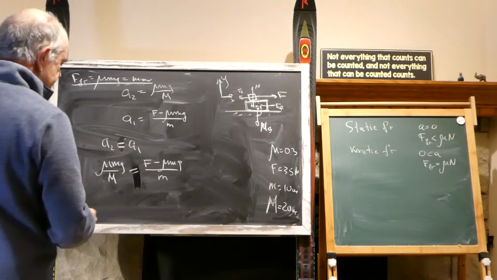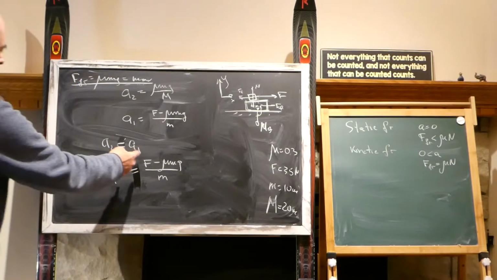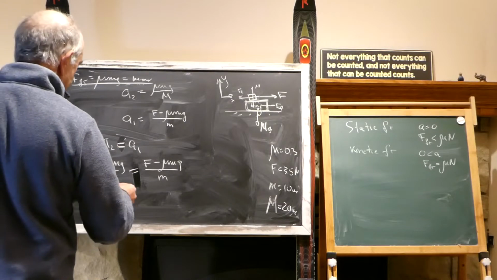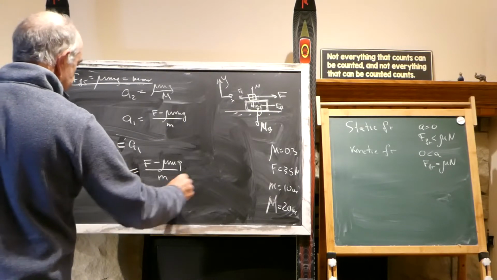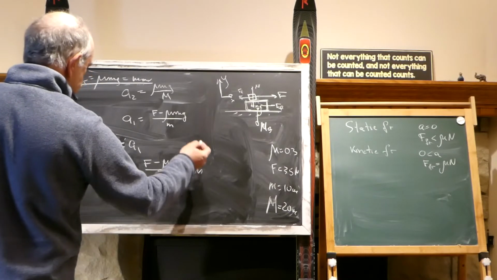So those are the same. And let's find f from here, for example. Let's multiply this by m and multiply this by m, so this will be gone.